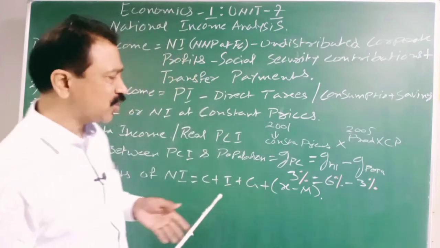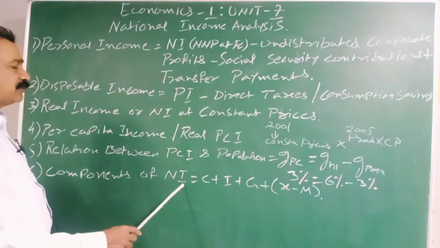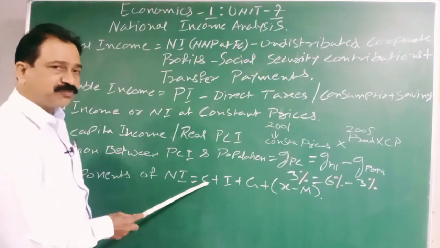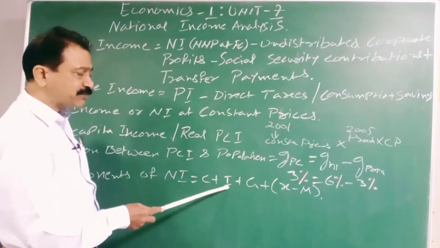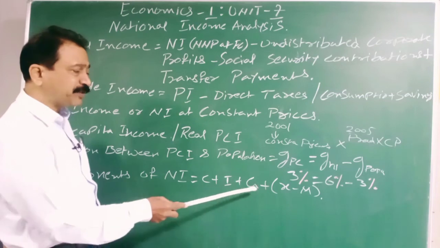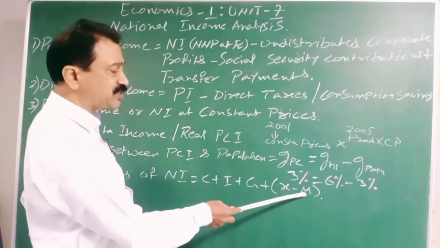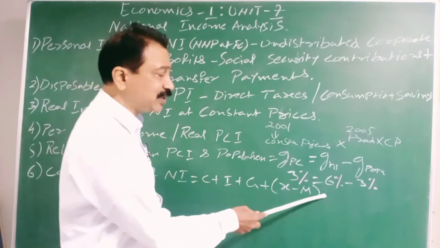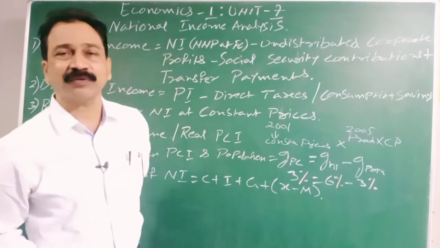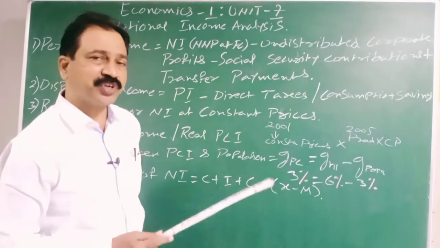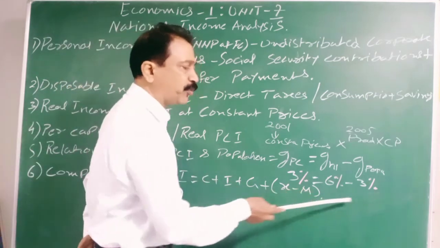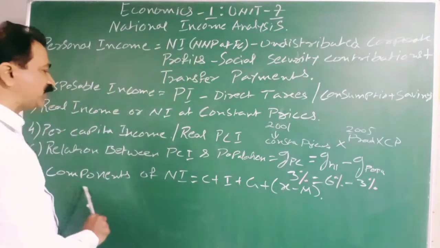See here the components of national income. Again, consumption of all the people, investment of all the people, total expenditure of government, and X minus M, exports minus imports. Then what is missing? Net income from abroad is missing. If from GNP we remove the net income from abroad, then we will get the components of national income.